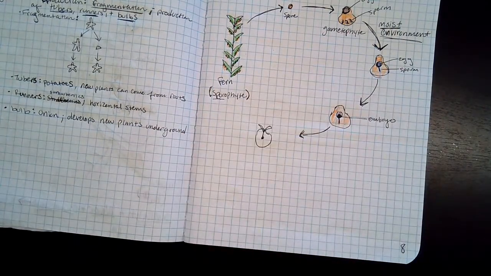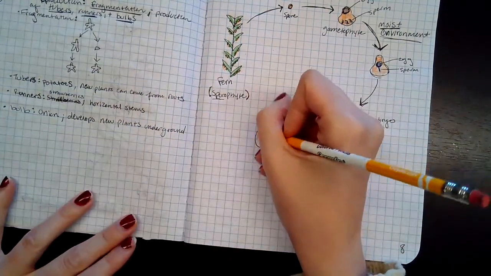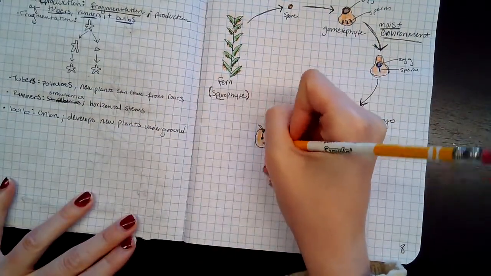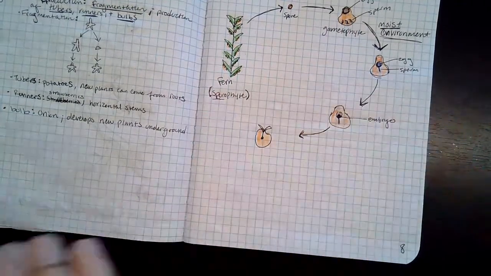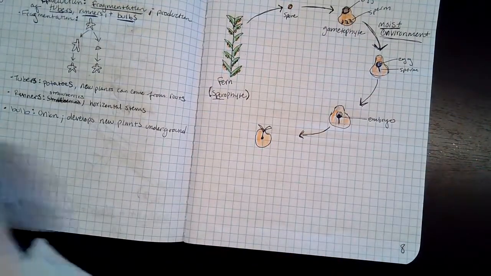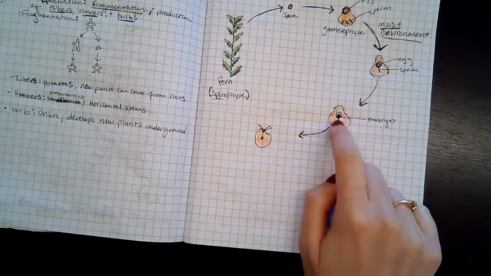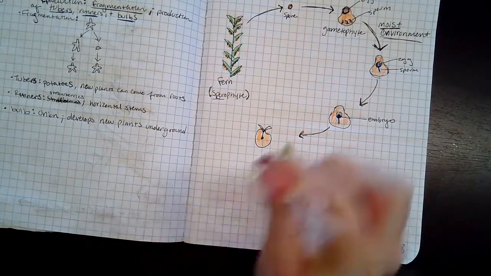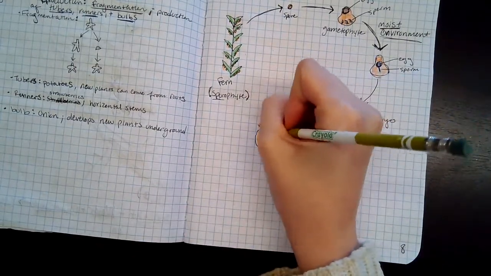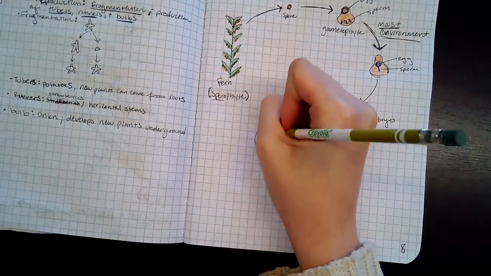So we have this gametophyte in orange still, and that sperm and egg came together and got an embryo, and that embryo became a new fern.